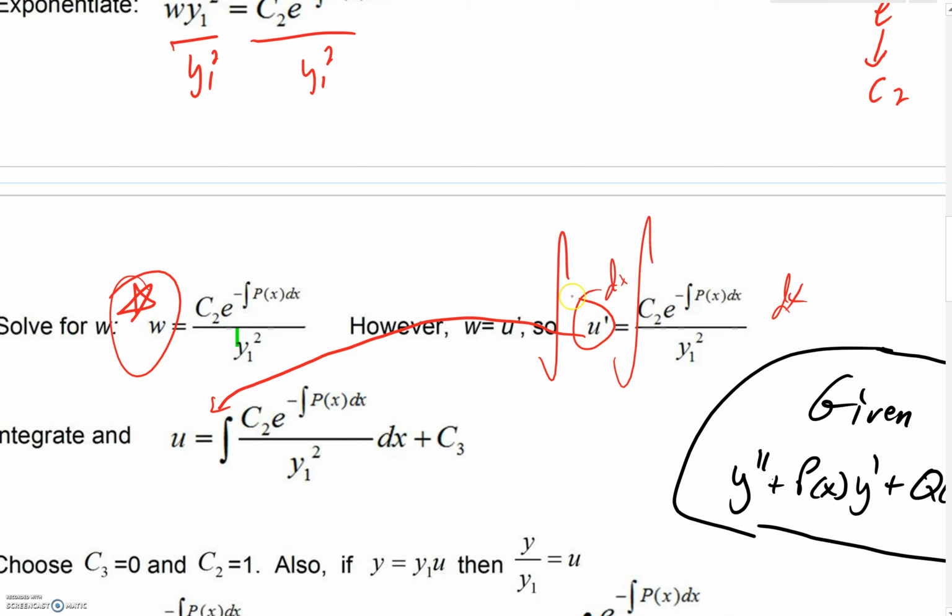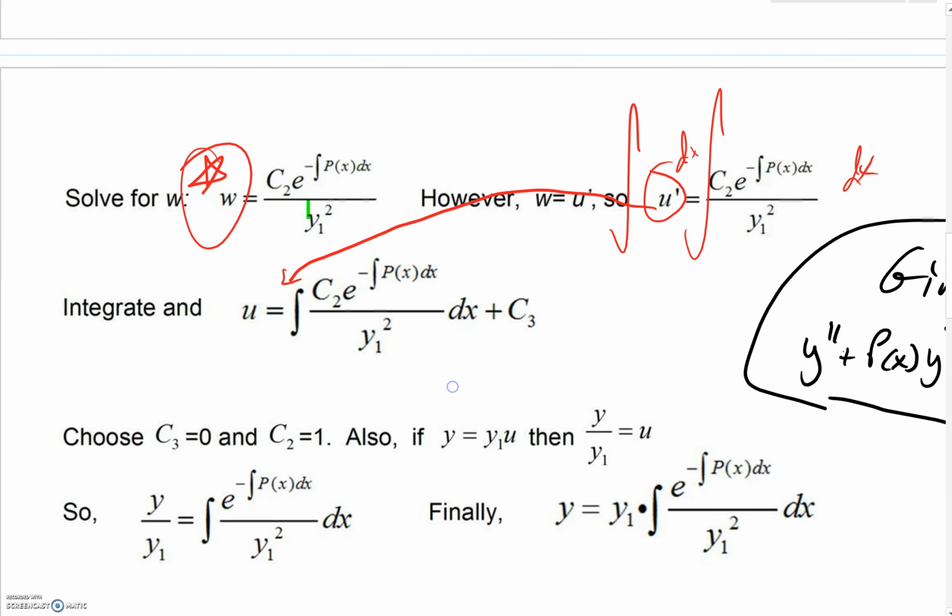And the integral of u prime is just this u. And then we'll have our c sub 2 e to the negative integral of p of x dx all over y sub 1 squared dx. Of course, we'll get a new constant coming in. But we're going to choose smart. We're going to say c sub 3 could be 0. C sub 2 could equal 1.